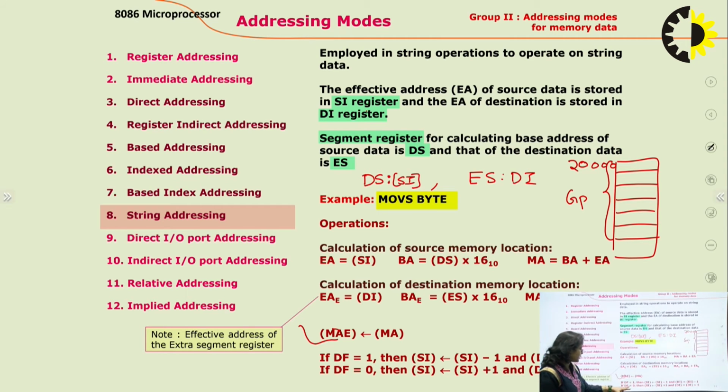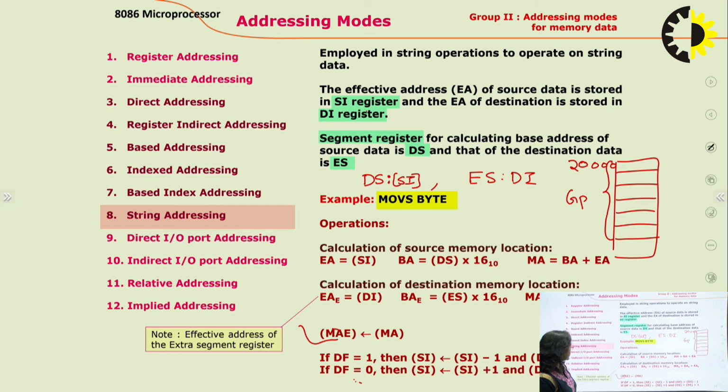If the direction flag is 0, then the next address will be +1. That is, SI plus 1 will be the next SI and DI plus 1 will be the next DI. And if the direction flag is 1, the next address will be auto decremented. That is, SI minus 1 and DI minus 1.